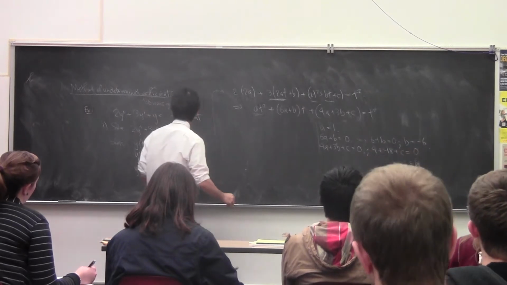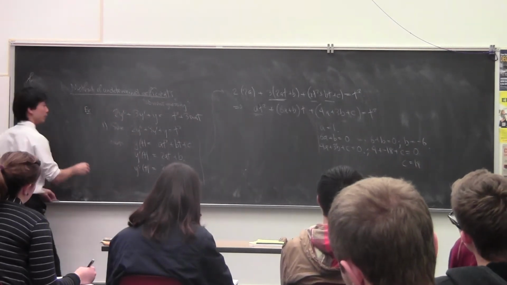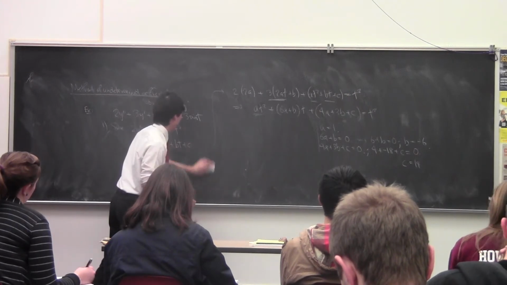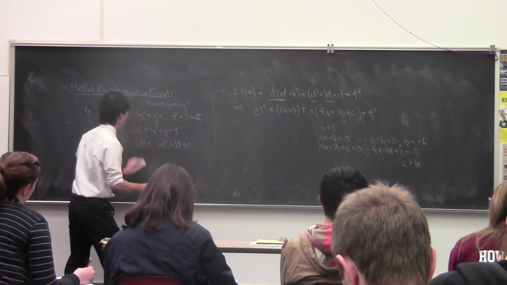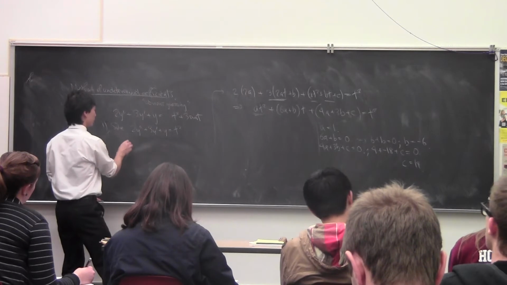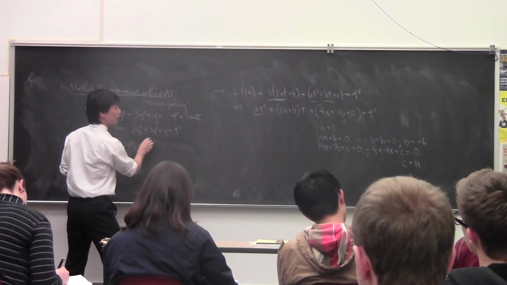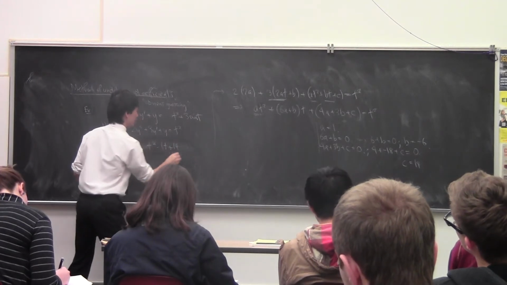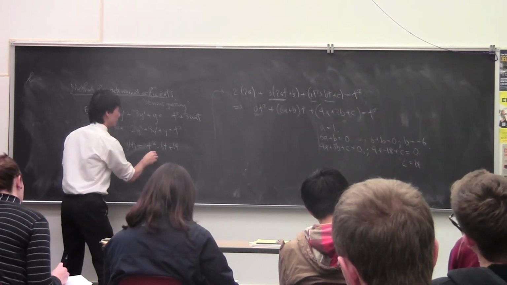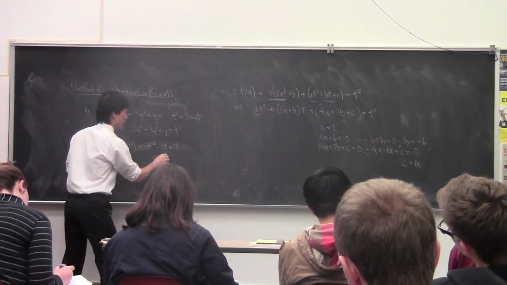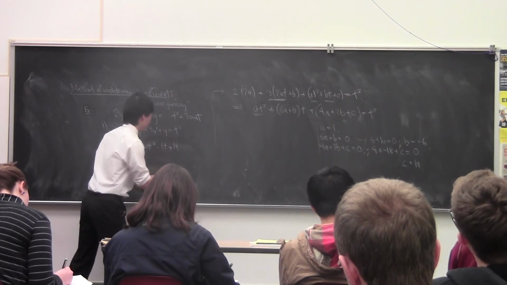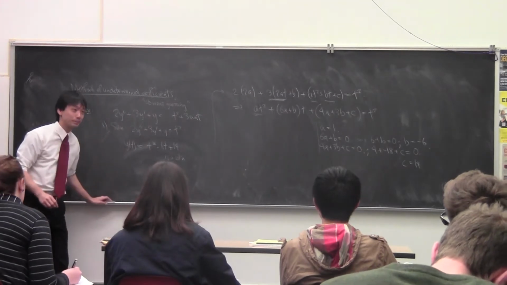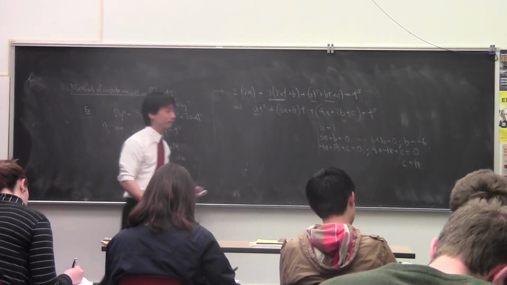And so that turns out to be the answer of this first one. y of t being t squared minus 6t plus 14 is a solution. It solves this first one.